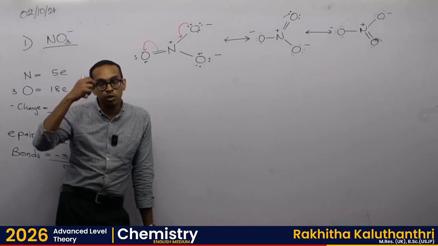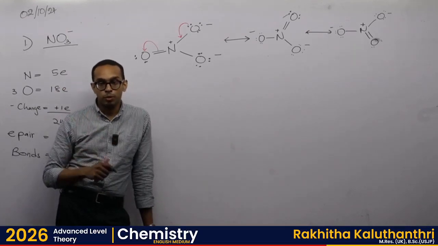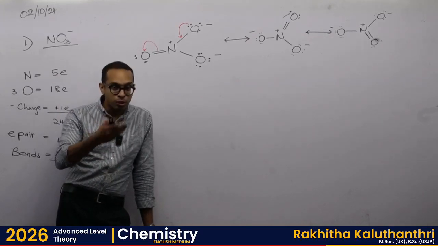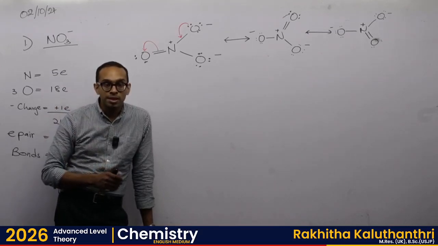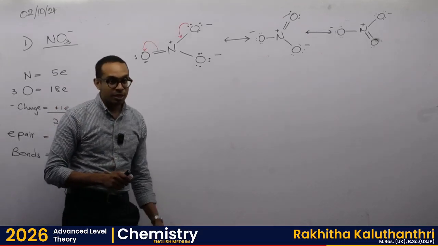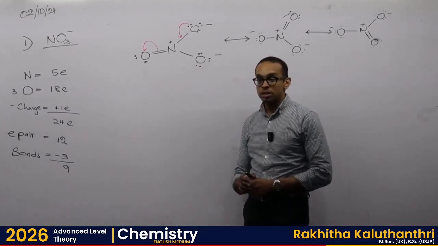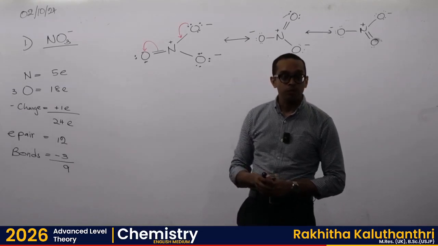So then we introduce a new concept called resonance structures, and based on resonance structures we develop something called the resonance hybrid. All of these are imaginary concepts we use to explain the bond length. We use them to explain the real situation of the molecule. Is that clear? So a resonance structure is not a real thing. We use it to explain and understand the actual scenario of a molecule.